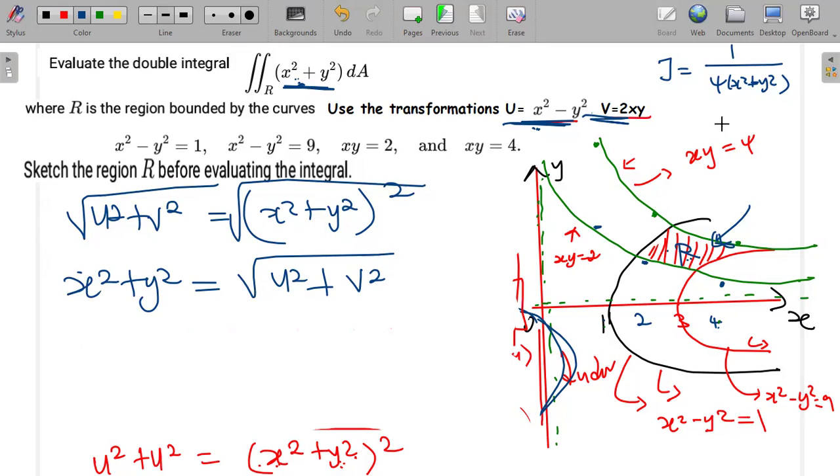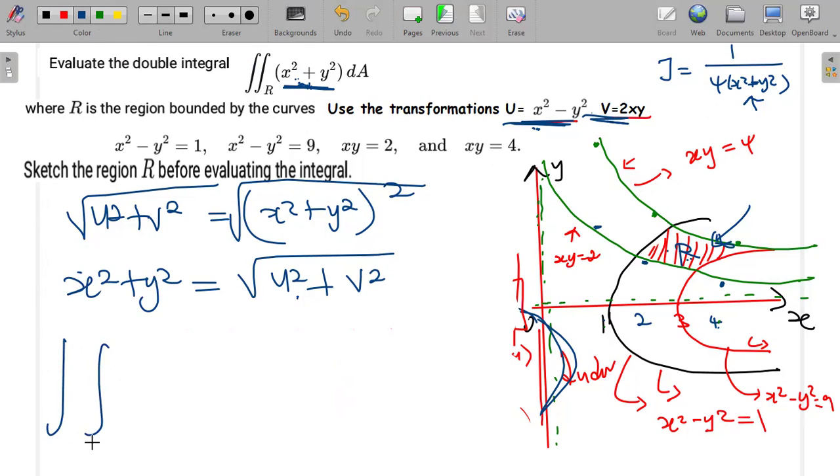Because I can see x squared plus y squared is even in the Jacobian there, and it's also even in the function. So it means my function is just this one. My integral now will look something like this. It will be the integral over the new region R prime. We are yet to find this region.